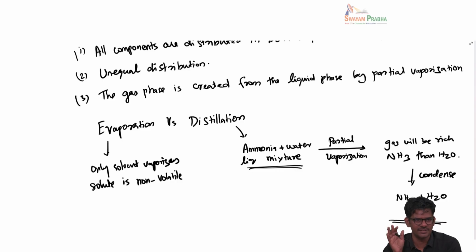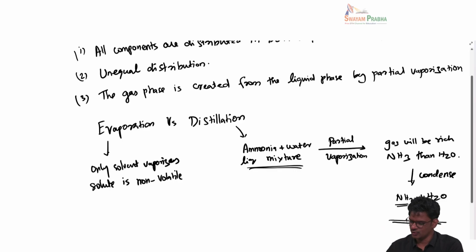So all we have done is we have taken the original solution, partially vaporized it, and then we collected the vapor, and then we condensed the vapor into a liquid again. So we basically start with the liquid, end with the liquid. However, by doing this partial evaporation and condensation, what we have achieved is we have enriched one of the solutes in the distillate.